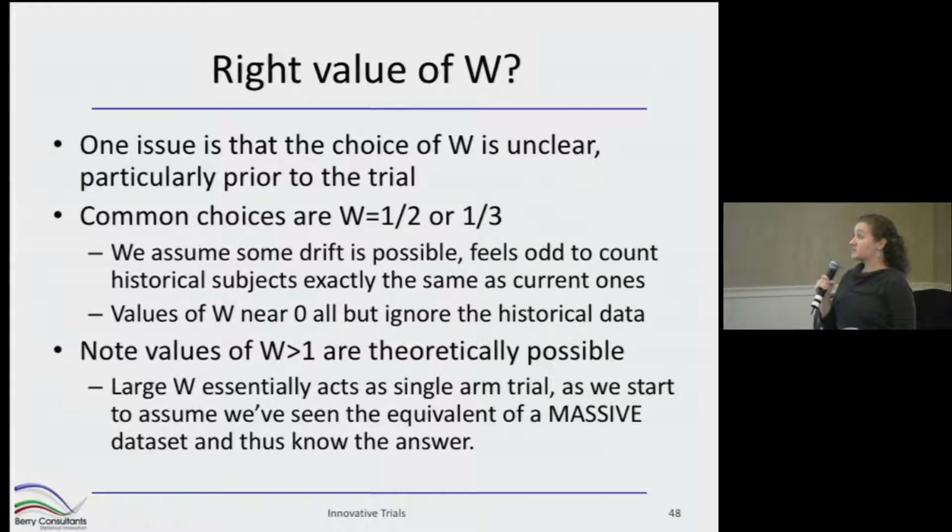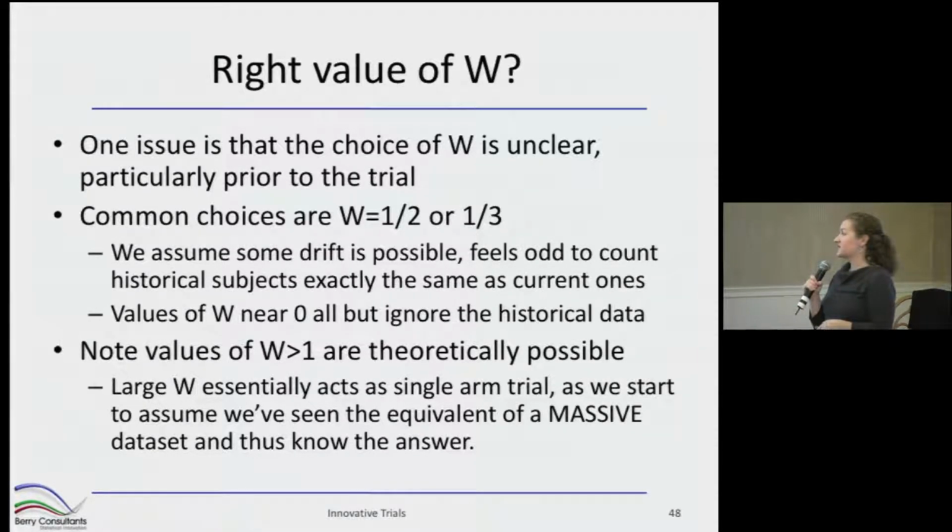It's possible that we could use values bigger than 1. What that does is essentially add more weight to that historical data. If we have a really large weight, what that essentially does is act like a single arm trial. It makes the current data that you've collected not as important. It gets overwhelmed by that historical data.